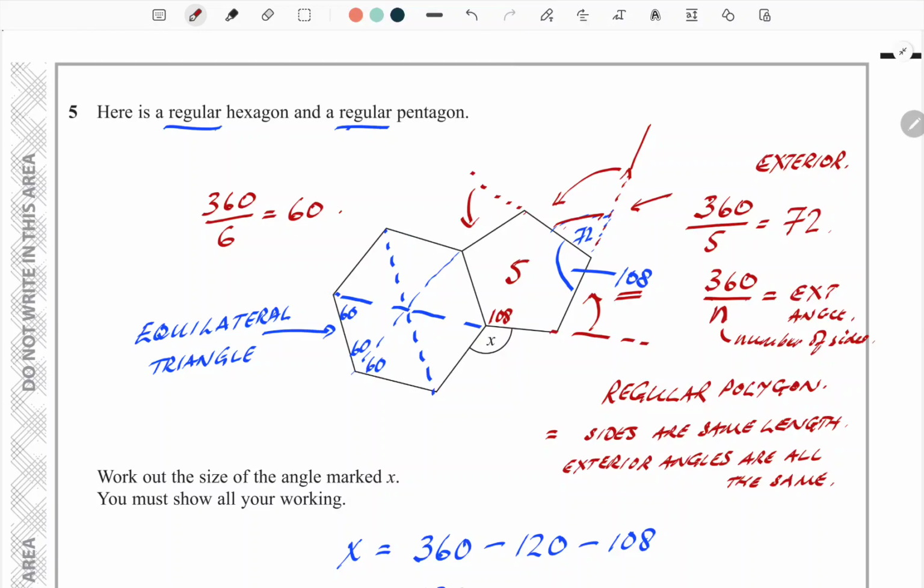So let me just show you that again. We know that that's 60. That's 60, etc. And that means that this angle here is 120. I hope you can see that in all that mess.